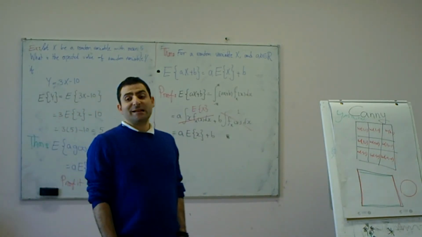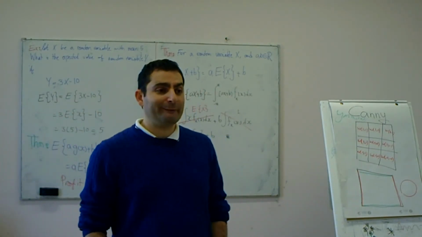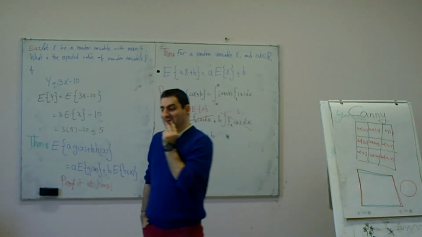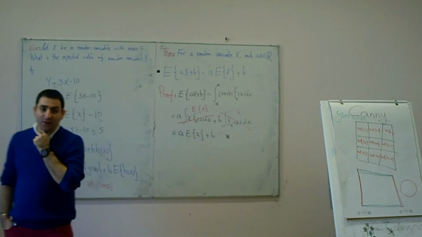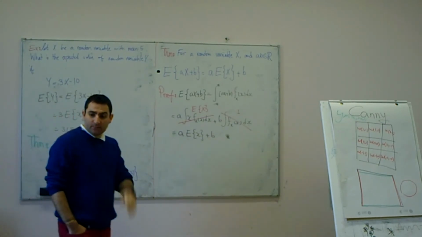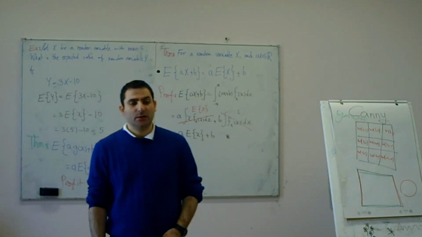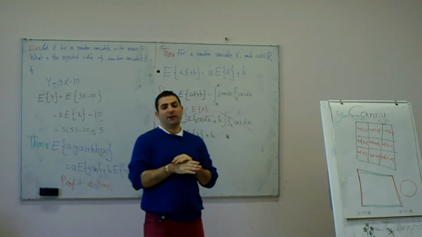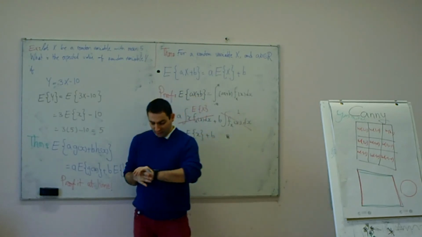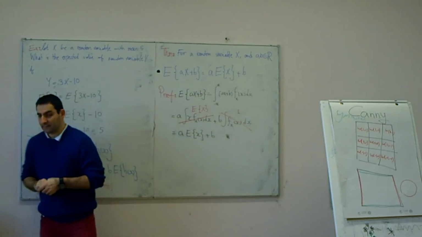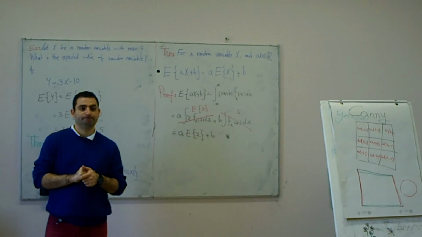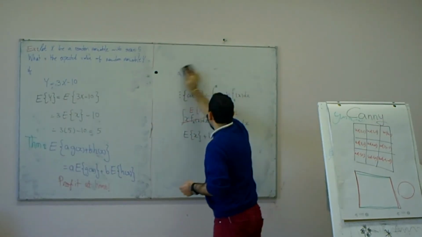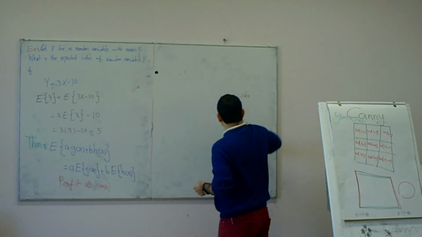But we cannot say the same thing for variance. For variance, if we do some linear combination to random variables, we have to see how the variance will be changed, which we will talk about in a few seconds. See what will happen if we want to calculate the variance.